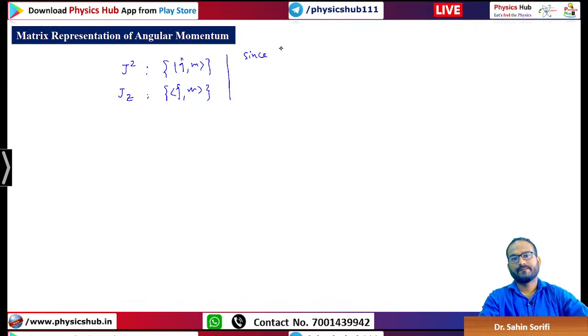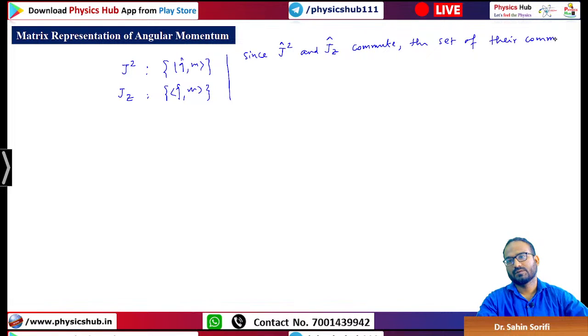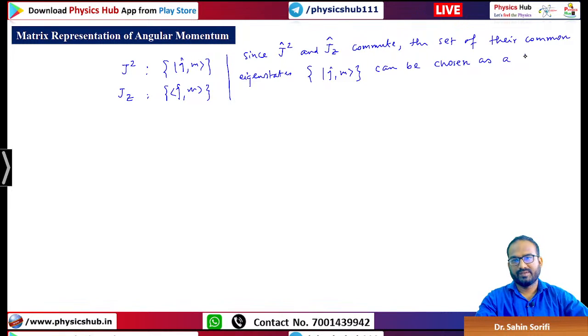Since J square and Jz commute, the set of their common eigenstates |jm> can be chosen as a basis.